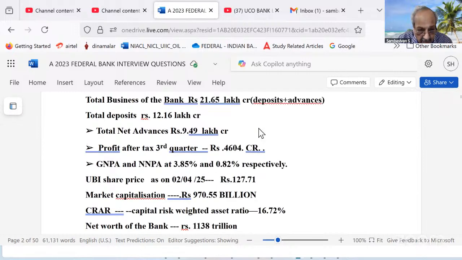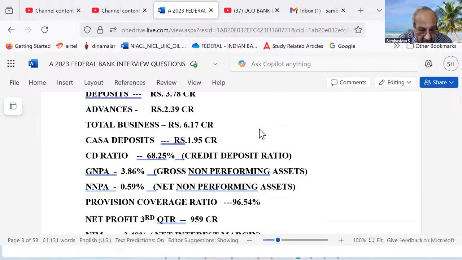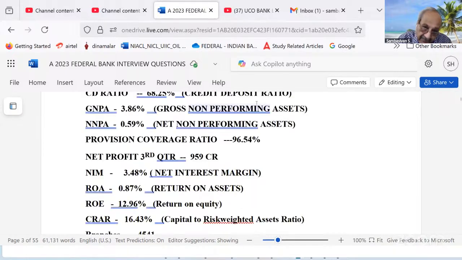Federal Bank. Now, please check what is the share price of Central Bank of India. Please see that also. Yes, sir. It is 37.51. Central Bank, NPA, provision, net profit, CRAR, branches. So I have not given that here. Central Bank of India, third quarter results, GNPA, NNPA, provision coverage, net profit.